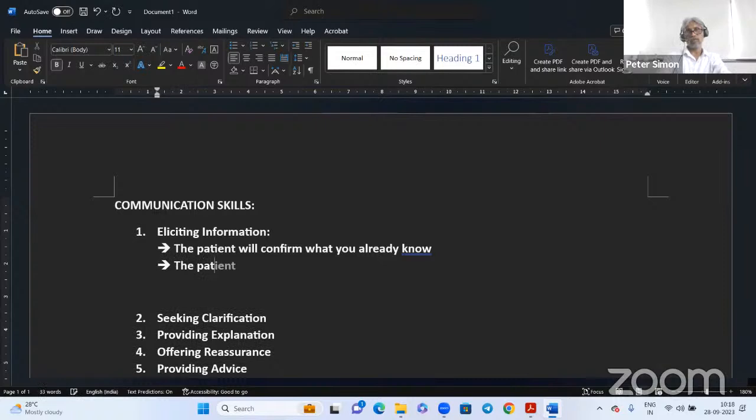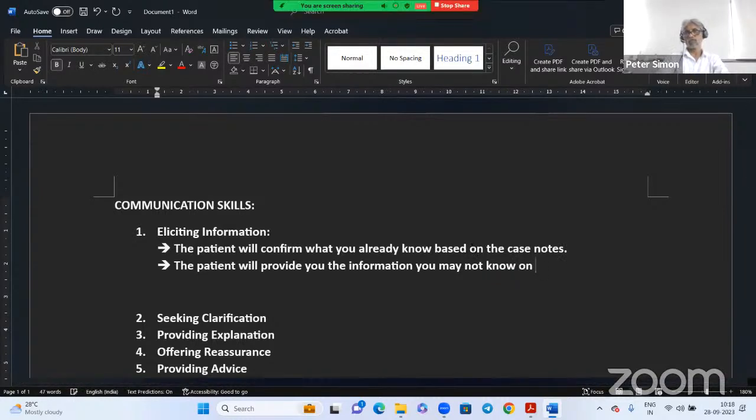The patient will provide you the information you may not know. The patient will confirm what you already know based on the case notes. The patient will provide you the information you may not know on your own.